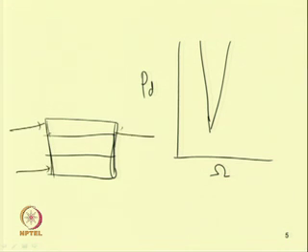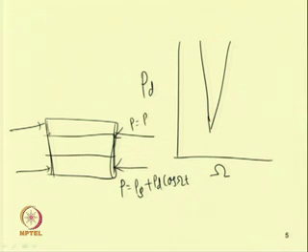Here we have applied the load in this form, that is P equal to P s plus P d cos omega t. Similarly, here also we have applied P equal to P s plus P d cos omega t.